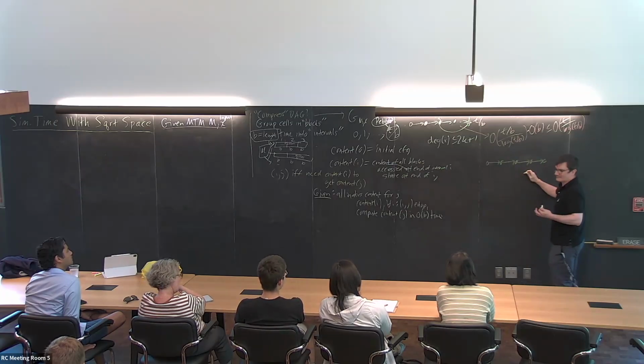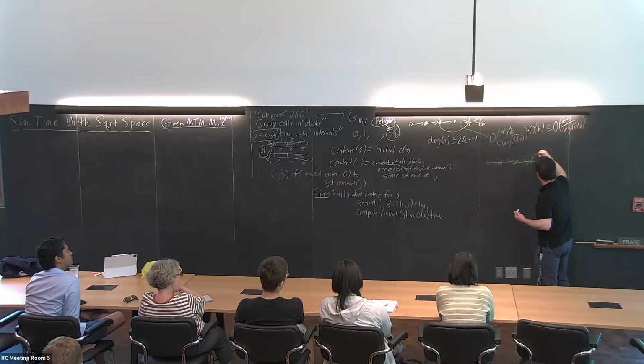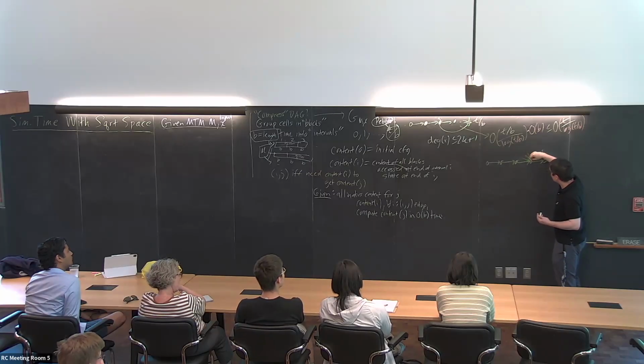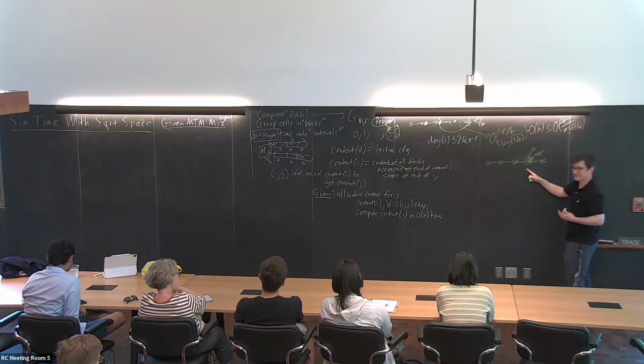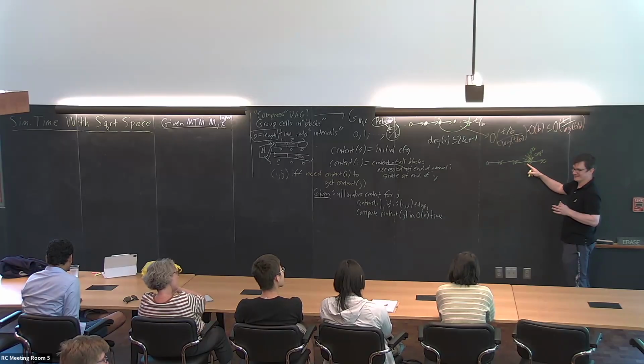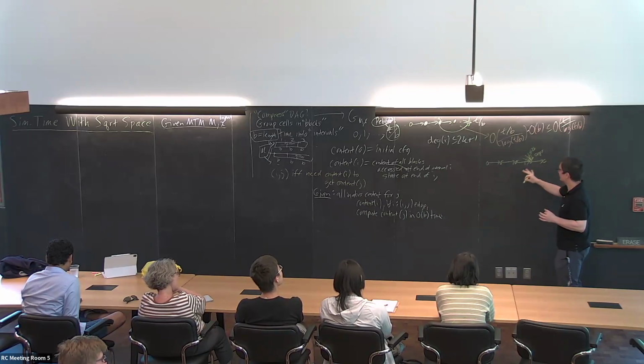I don't keep maintaining the constant in-degree. But if I have B steps, I can say that the in-degree is at most B, or let's say 2B, if I read a constant number of registers in each step. So I can bound the in-degree, but I'm not sure how to reason about this.